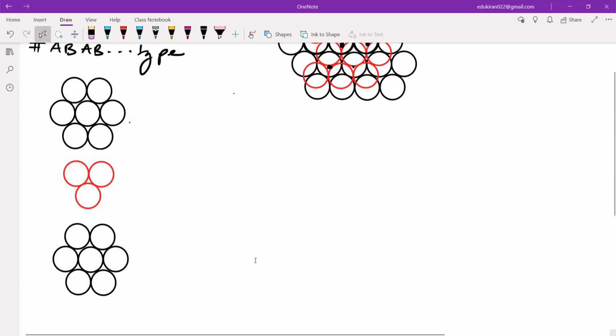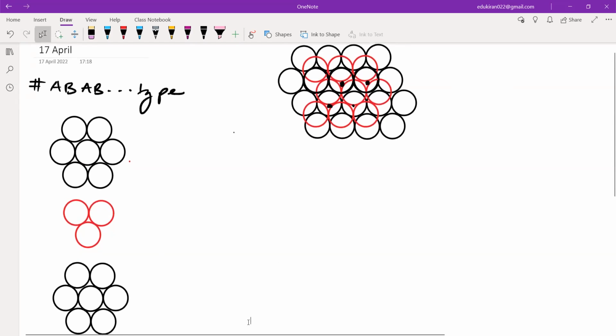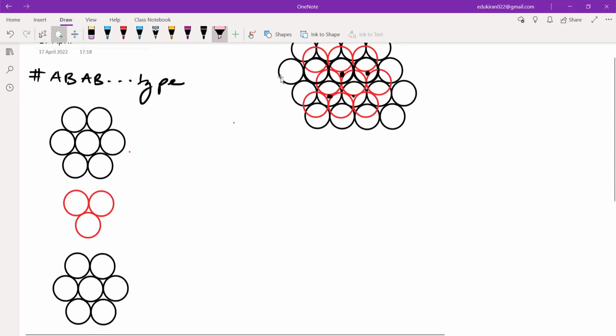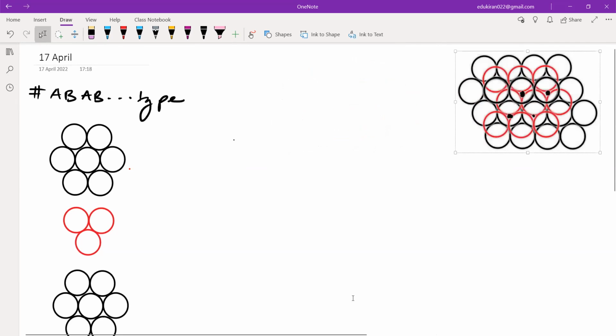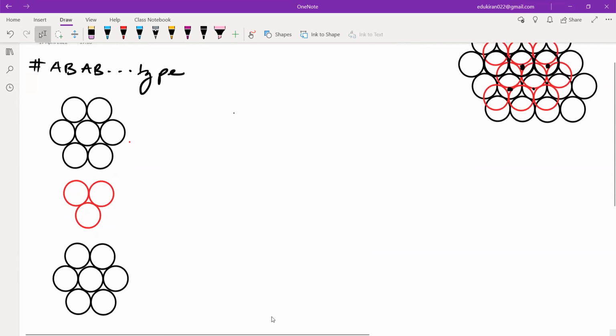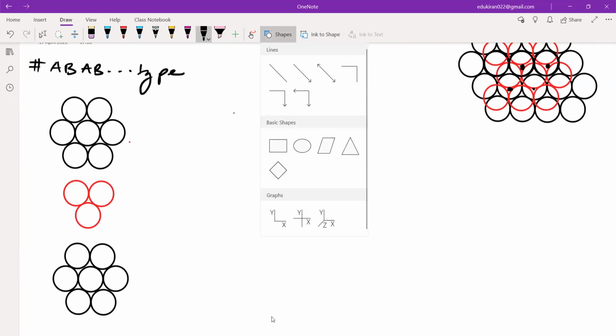So if I try to take the midpoints and join them in order to get the whole unit cell, get this side here. So what I will do now, I will take the midpoints. So we take the midpoints here.